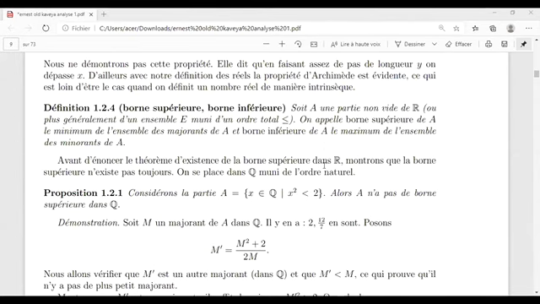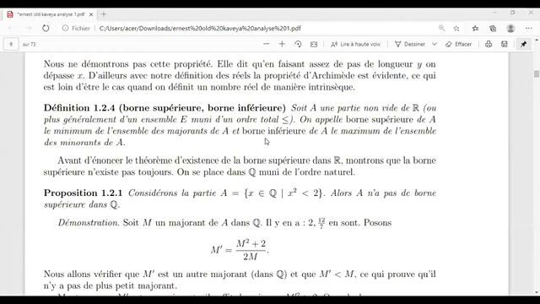And the bone inferior is the maximum number that you get. For example, if you have -1, -2, -3, and you say this is a set of your minorant, the maximum number that you have there is -1. So -1 becomes your bone inferior.